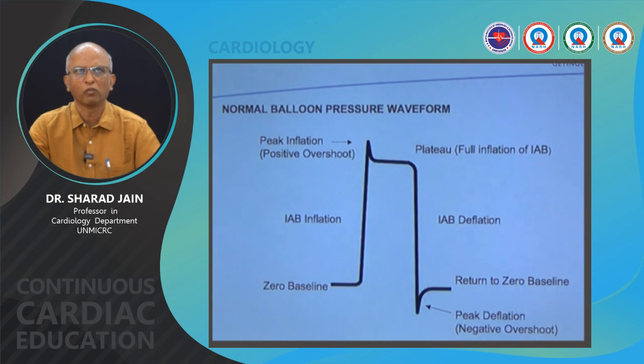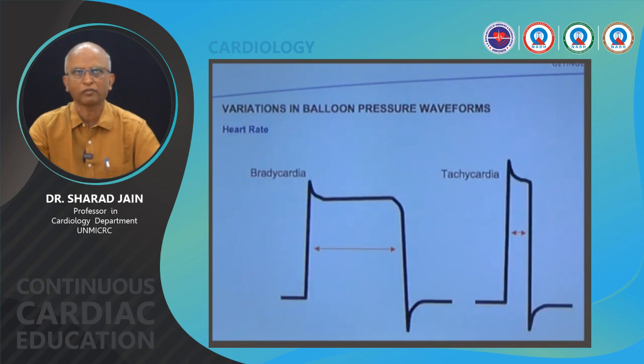So this is the normal balloon pressure waveform. If you see, there is a peak inflation, that is the positive overshoot, then there is a plateau, full inflation of the IABP occurs, then the IABP deflation, and then there is a peak deflation, a negative overshoot, and then the return to the zero. So variation in the balloon pressure waveform: if bradycardia, the plateau will be long; if tachycardia, it will be short.